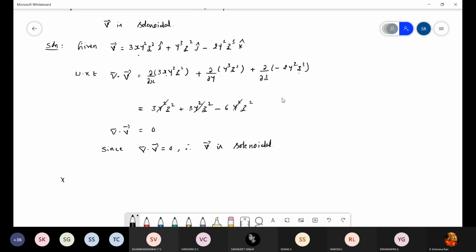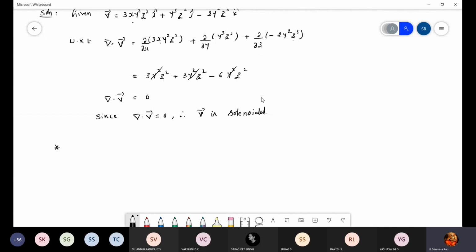Second problem. Find A for which F equals (x plus 3y) i cap plus (y minus 2z) j cap plus (x plus az) k cap is solenoidal.